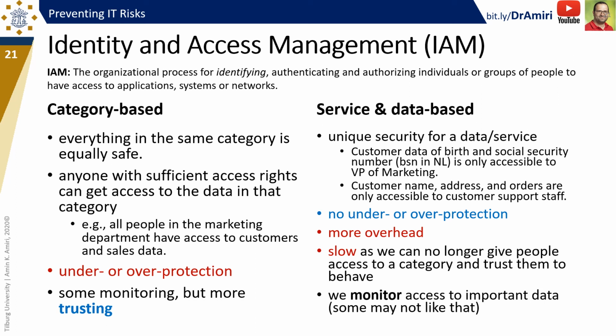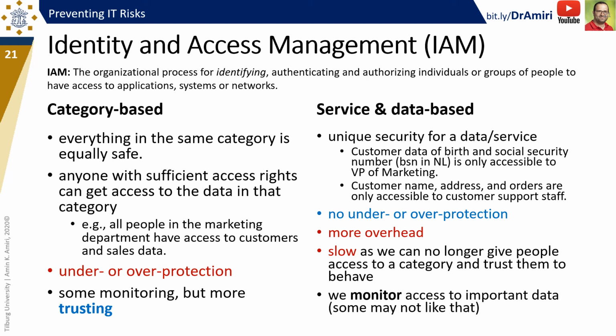or which organizational role. So here we don't have any under or over protection, but the problem is that it has a huge overhead. Setting up the system like that and deciding who can have access to what can be quite cumbersome and needs investment. Another issue with this system is that it's slow in terms of data accessibility, as you cannot easily give people access to a category and trust them with the data.